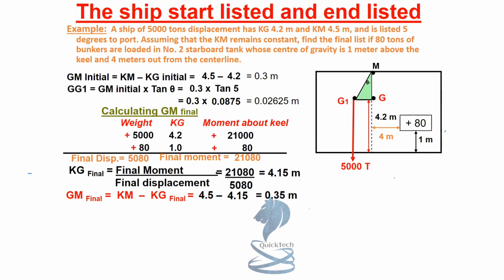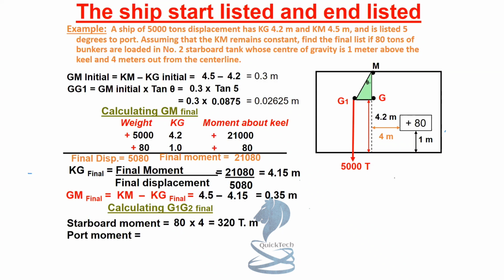So now we have GM final, that is for the final condition, and to find the final list we need to calculate final GG1. For that we need to calculate the moments on either side to see the value of GG1. Hence, calculating GG1 final, let's calculate starboard moment is equal to 80 into 4 is equal to 320 ton meters.